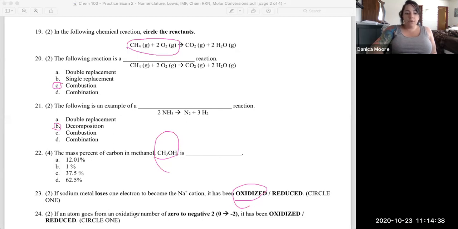If an atom goes from an oxidation number of 0 to -2, it has been reduced, right? And again, you can draw out that number line. Anytime you're going to the left, you're being reduced. Anytime you're going to the right, you're being oxidized.